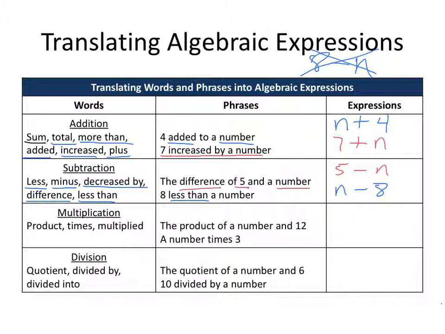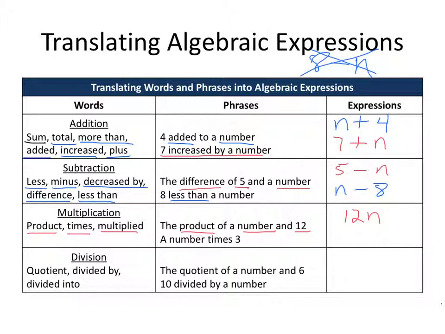And then we go to multiplication. The word product would indicate multiplication. If you see that in a word phrase, times, of course, or multiplied would all indicate multiplication. In our examples, we see the product of a number and 12. So the two things we're multiplying are a number n times 12. Normally we would write our coefficient first, so we'll write 12n.